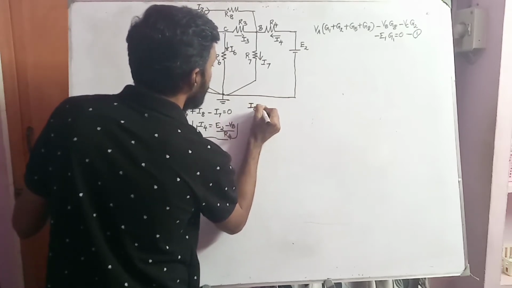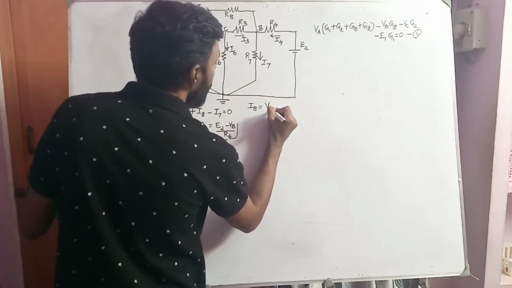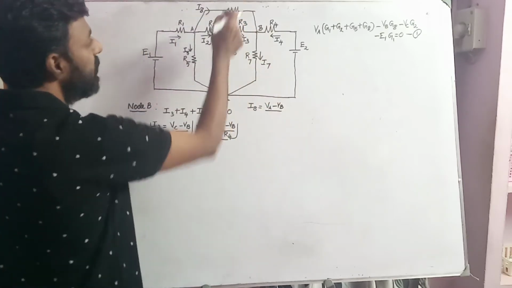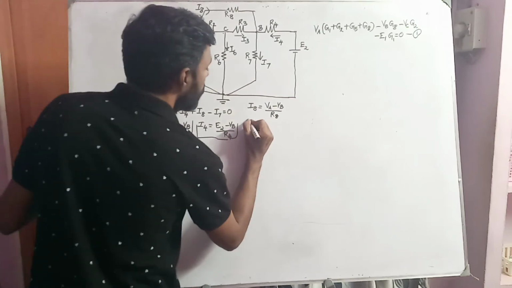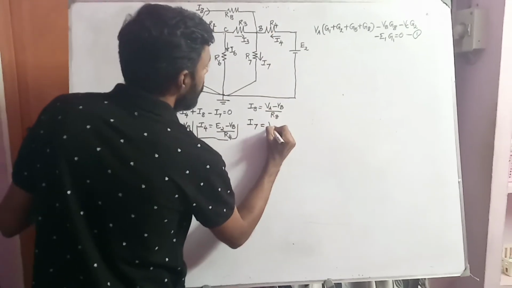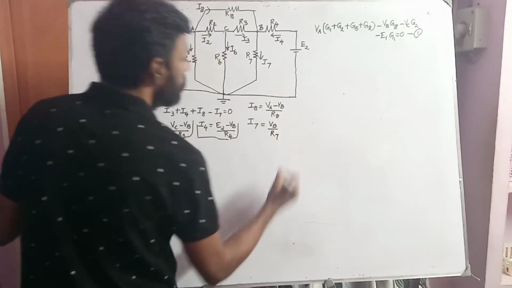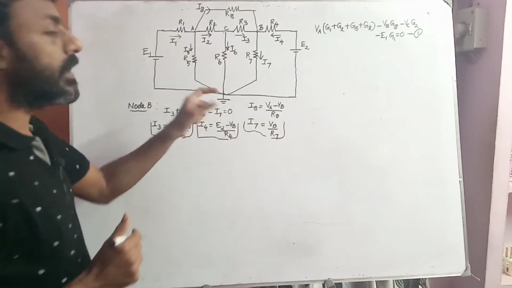I8 can be written as VA minus VB divided by R8. Similarly, I7 can be written as VB divided by R7. So I have obtained the values for these current parameters.